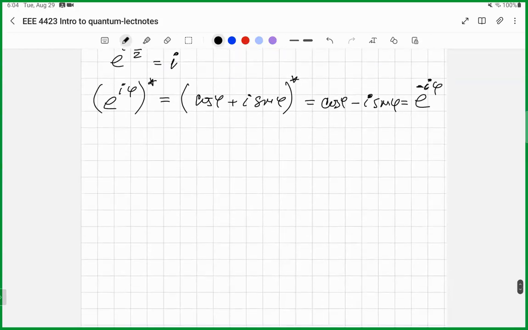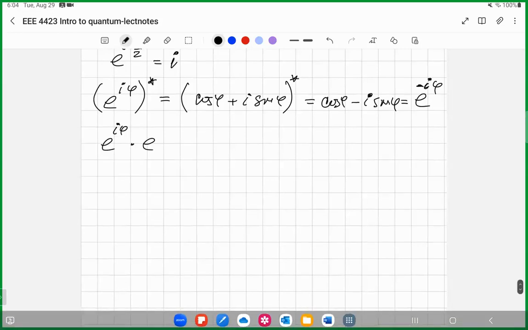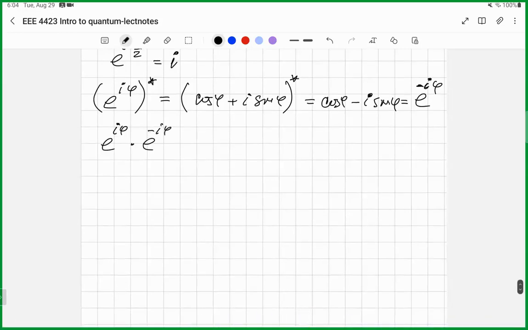But we know that the product of the complex number e to the i phi by the complex conjugation of the same number, e to the minus i phi, is supposed to give us the length, the absolute value of the corresponding complex number.